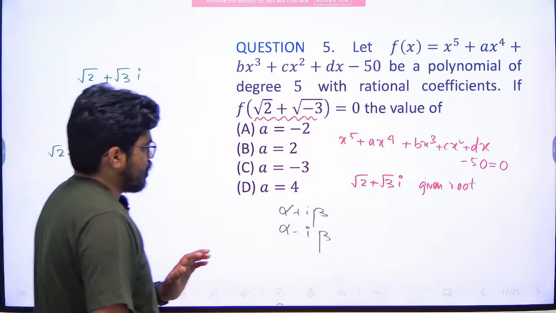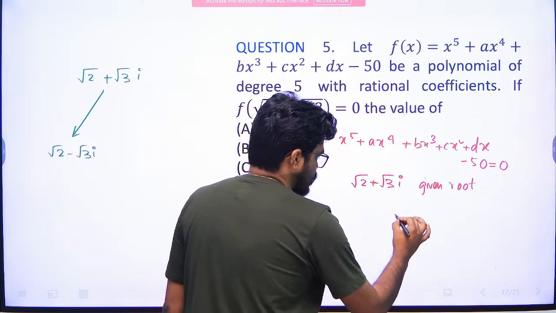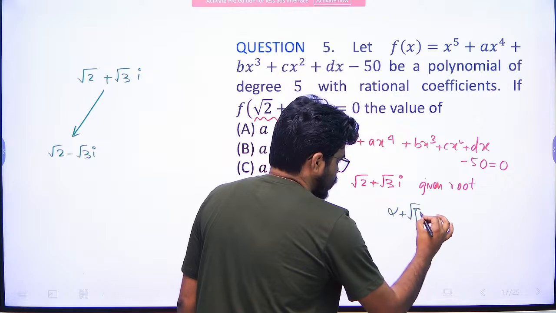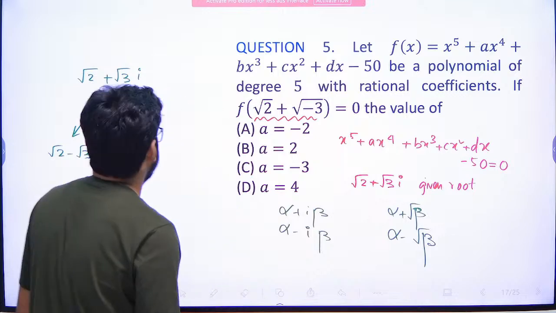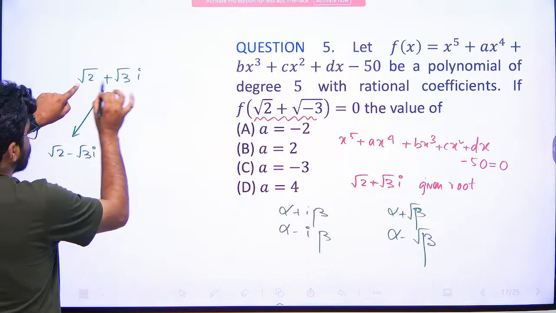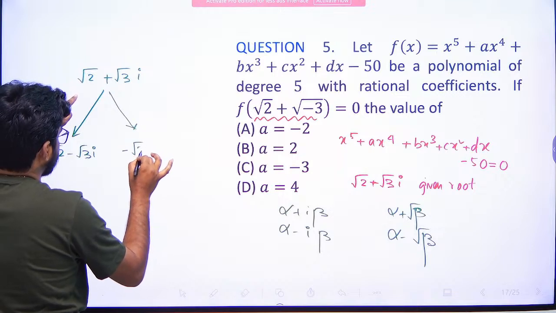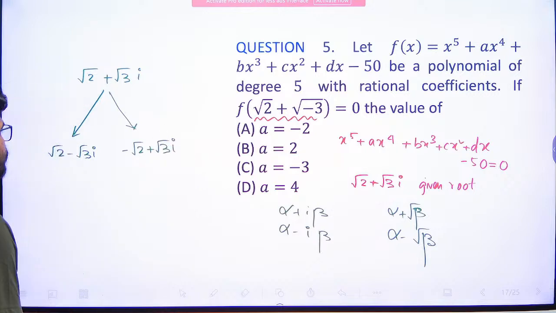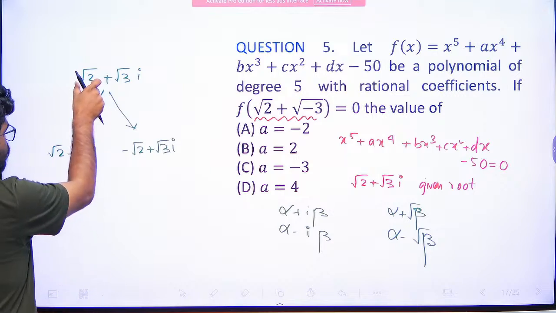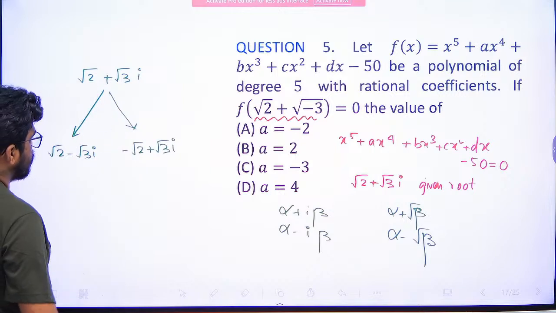Also we know that if the coefficients are rational and alpha plus root beta is a root of this equation, then alpha minus root beta will be another root, right? So minus root 2 plus root 3i will be another root.